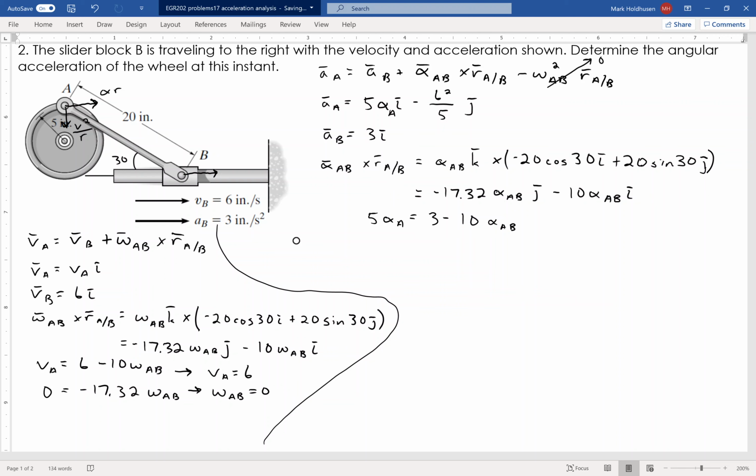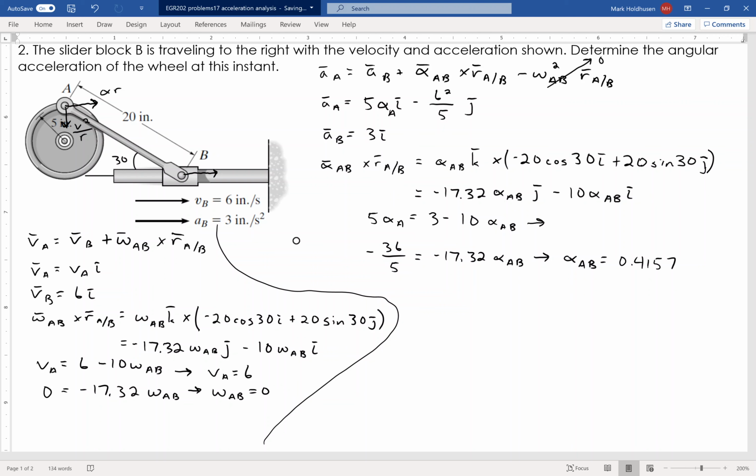I don't have it right here, so we'll just leave it alone. We'll say 36 over 5 equals negative 17.32 alpha AB. So from this, I learned that alpha AB equals 0.4157.